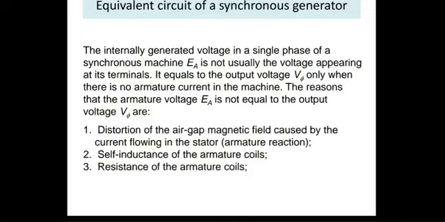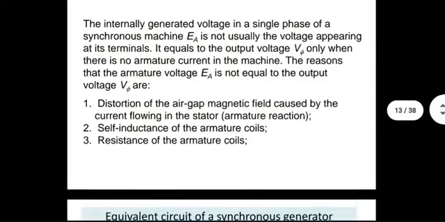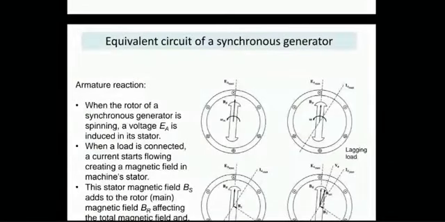So that would be a departure from idealized theoretical predictions. Inductance of the armature coils will also affect the final output voltage, and resistance of those coils will also matter. So these things need to be included in the equivalent circuit.